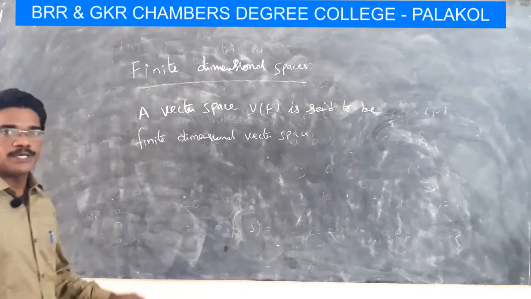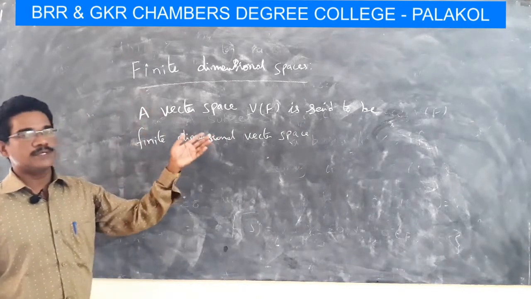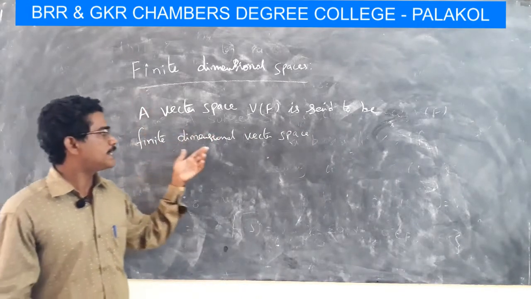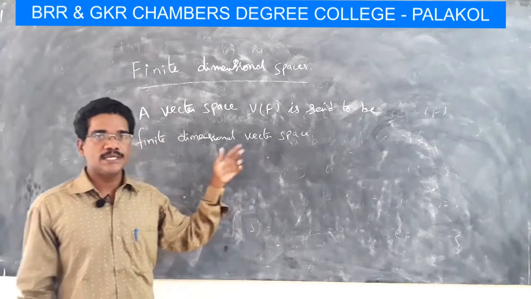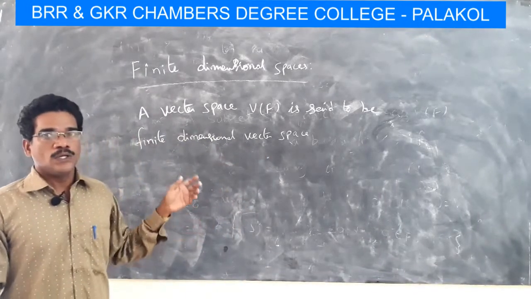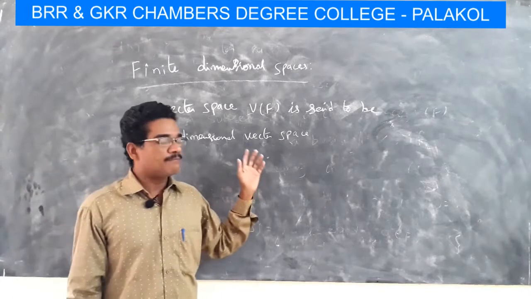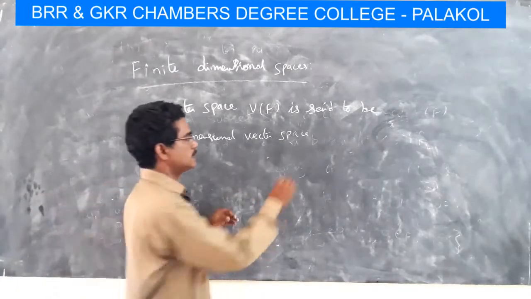A vector space V over F is said to be a finite dimensional vector space if it has a finite basis.